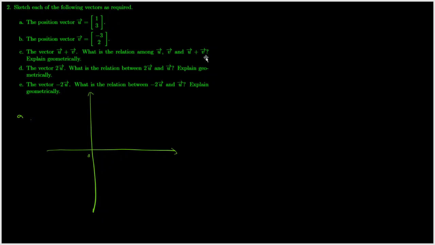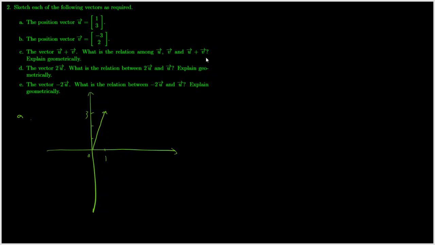Okay, the terminal point is the point with x coordinate of 1. So let's say 1 is here, and y coordinate of 3. Now let's say 1, 2, and 3. 3 is here. So the terminal point is here. That's the vector u. u is a vector something like this.